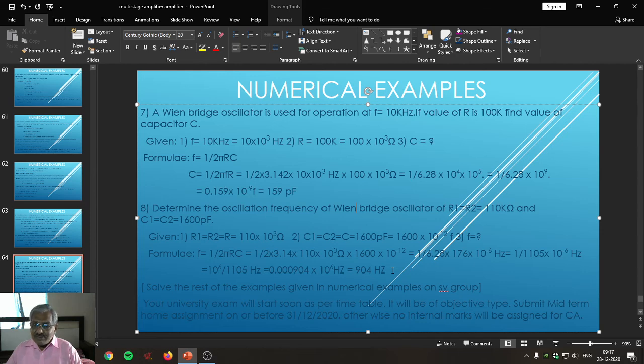So try to solve these solved examples once again yourself, so that you calculate all the values accurately. Friends, that's all about the numerical examples which are likely to be associated with the topic oscillators.